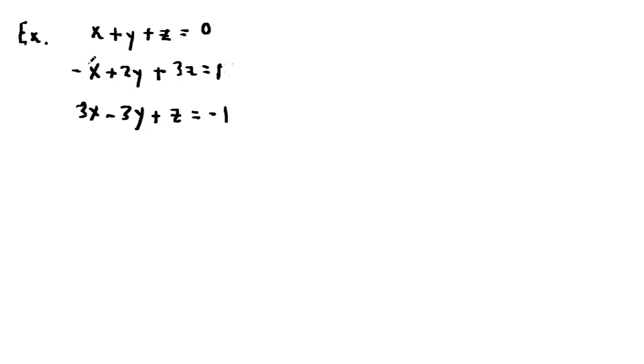Notice in the second equation, we have a negative x, and if we were to add that to the first equation, the x terms would cancel out. So let's take the first equation and add that to the second equation. The first equation just stays the same.